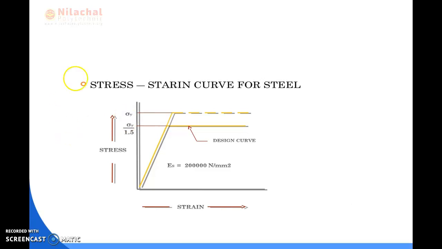The design curve has the value sigma y by 1.5, and the characteristic curve, denoted by the dotted line, is sigma y, the characteristic strength of steel. Here E, the modulus of elasticity, is equal to 200,000 Newton per mm square. The curve shows the steel behavior in stress strain.